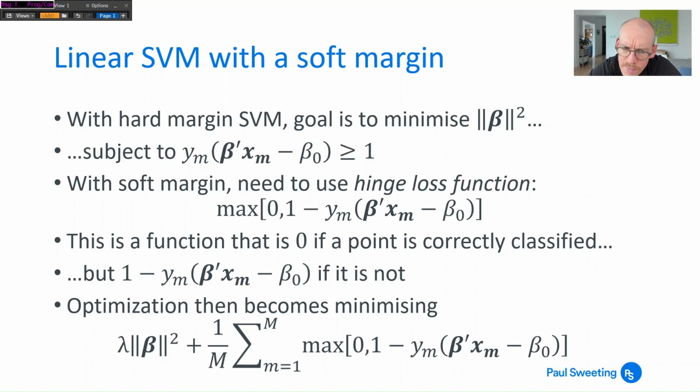So what you're essentially doing is minimizing some weighted average of that and this hinge loss function. What that's essentially saying is, what's my trade-off between having the margin as big as possible and having things which fall within this margin.